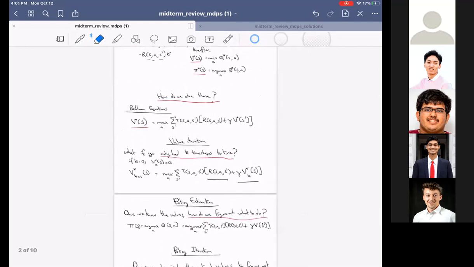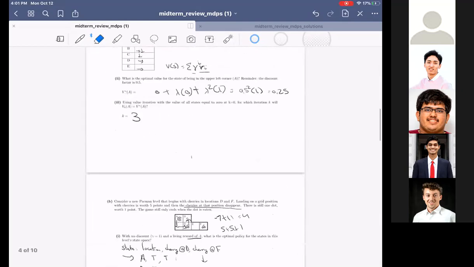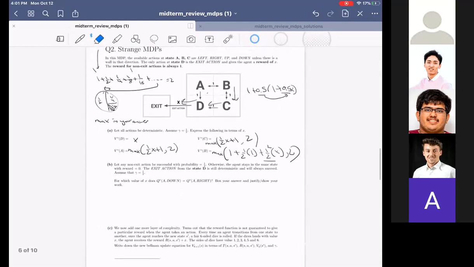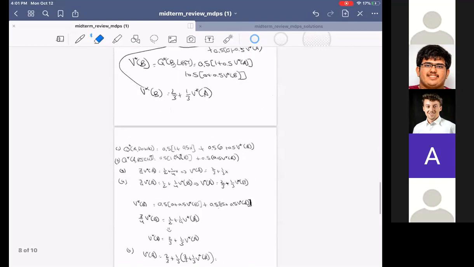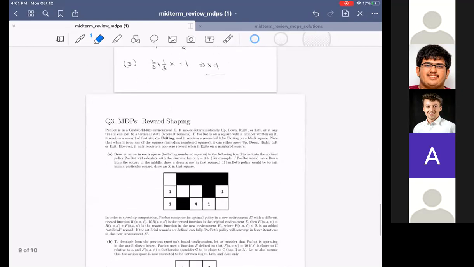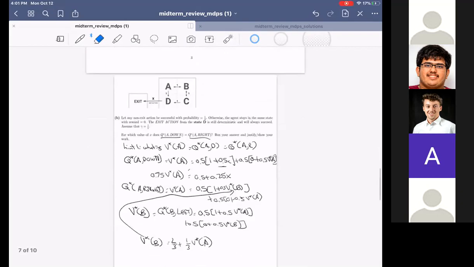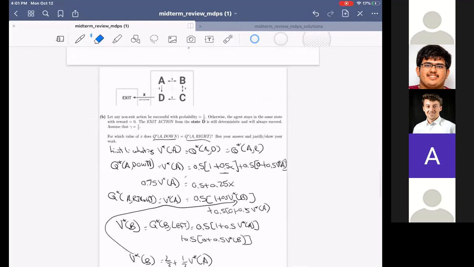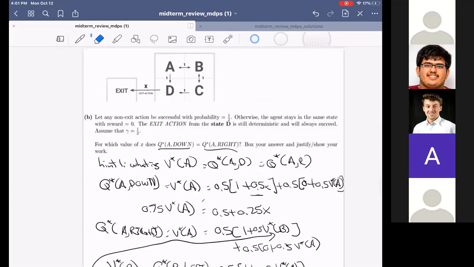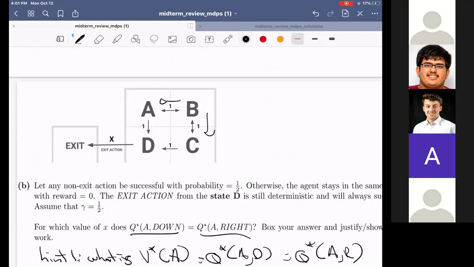I had one question. Why did you only choose the optimal value of Q of B comma left? Good question. If you look at this grid that we have, going B left is the same as going B down. Do you see why?